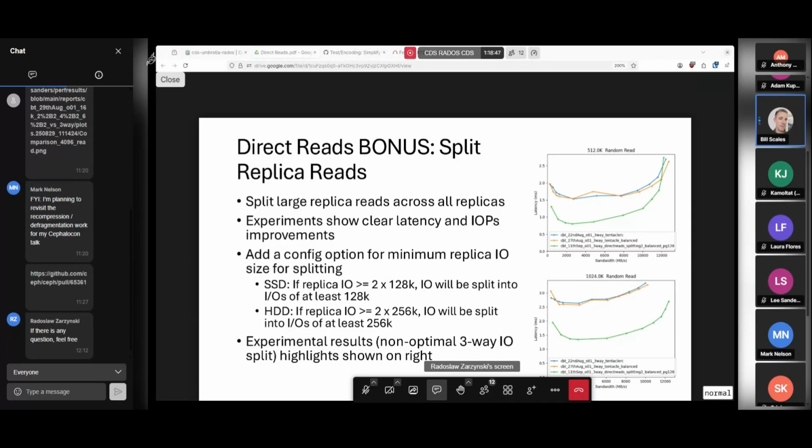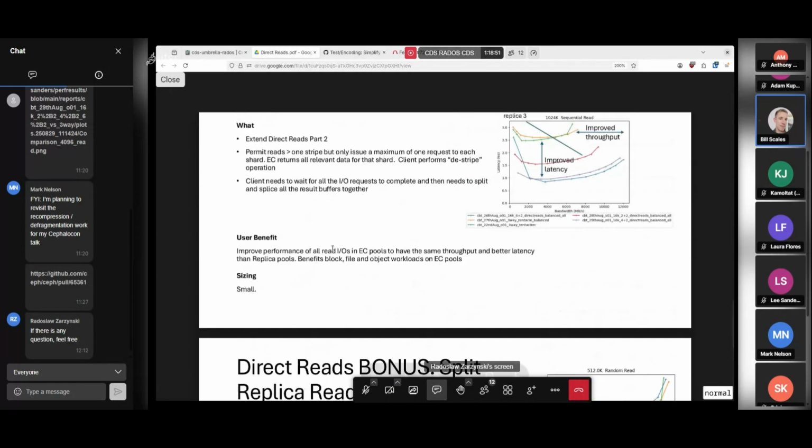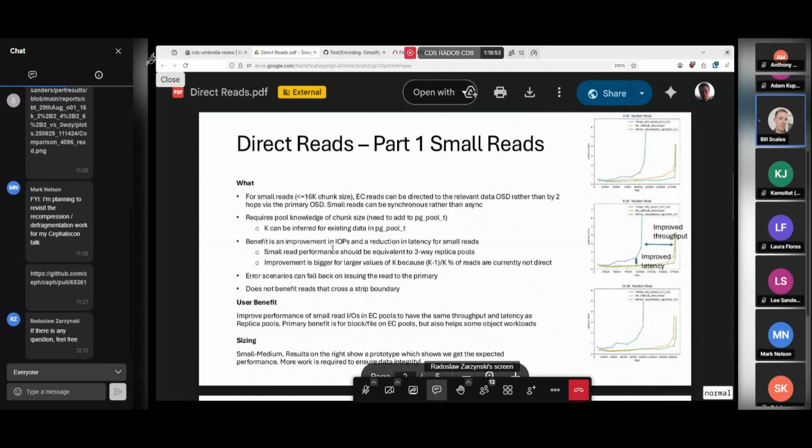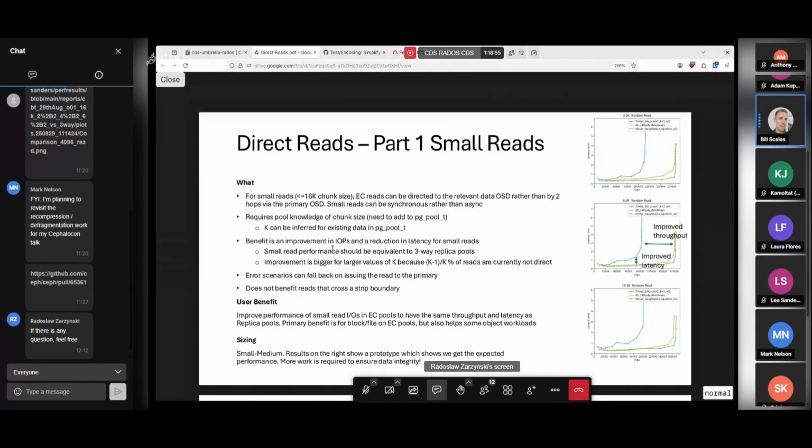So we'd been doing direct read work where we were splitting up larger IOs to EC pools. For small reads that are less than the chunk size that EC stripes with, you just send it to one OSD, but instead of sending it to the primary and the primary forwarding it, it's just getting sent directly to the OSD that's got the data.